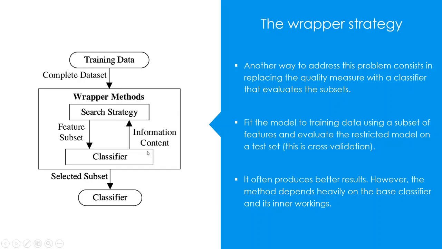But if we change the classifier, there is a risk that we can end up with a different subset of features, okay? And therefore we say that this wrapper strategy is dependent on the classifier selection.